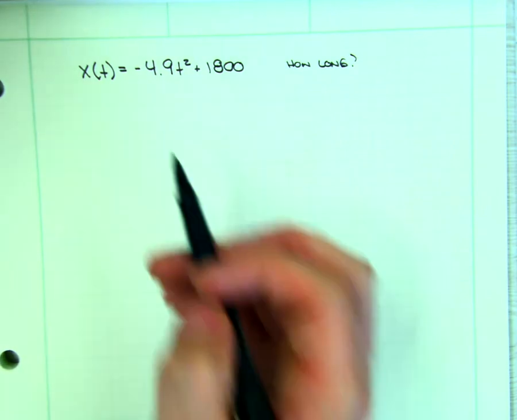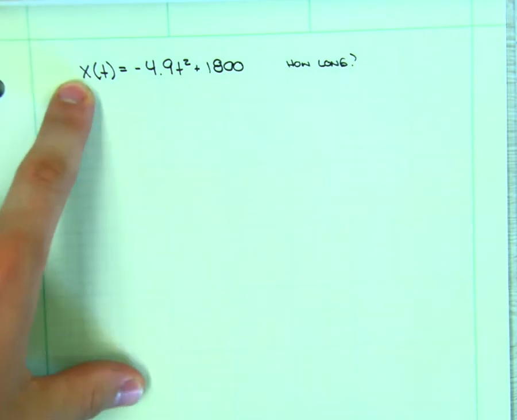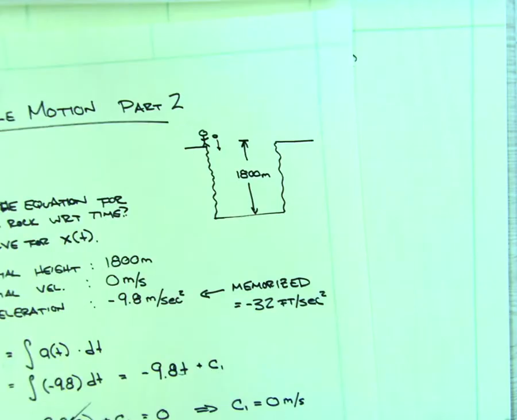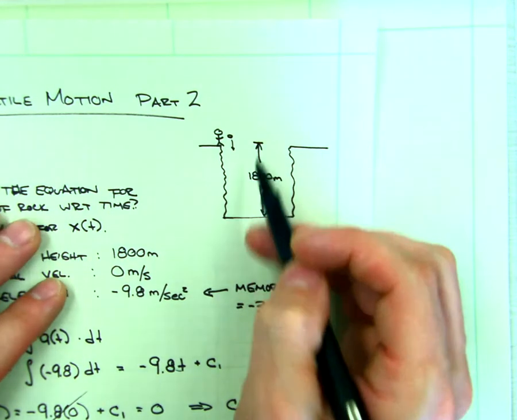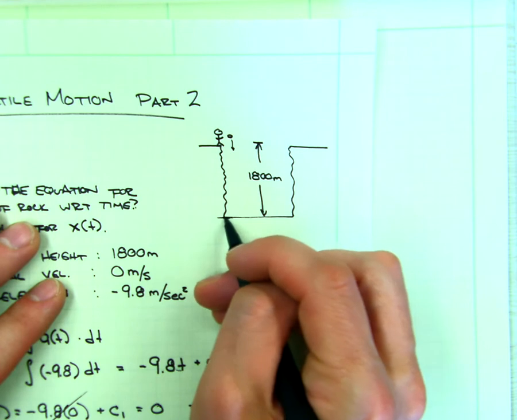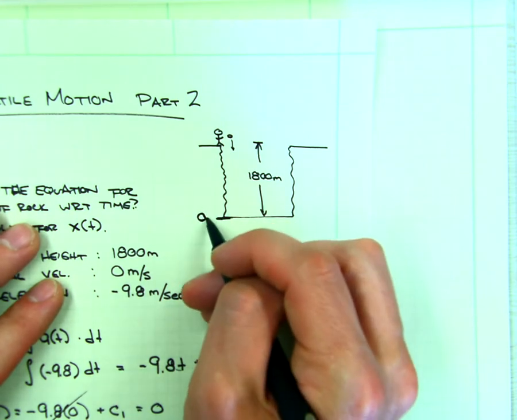The thing you need to ponder is, what is my position, what is the height, this x of t, when it hits the ground, right? Well, it all depends on where you set your reference point. I said this is going to be 1,800 meters, and I'm going to say the bottom of the Grand Canyon is 0 meters.